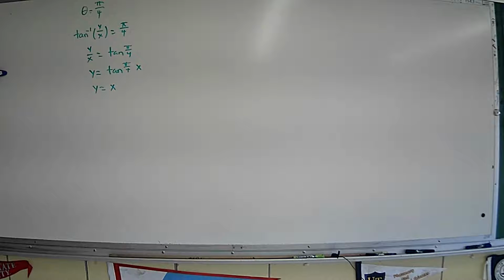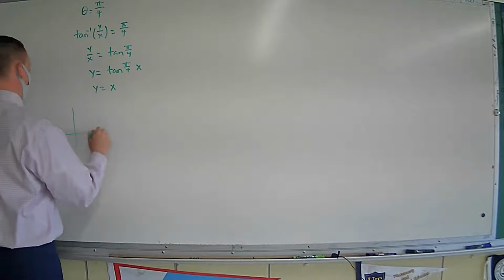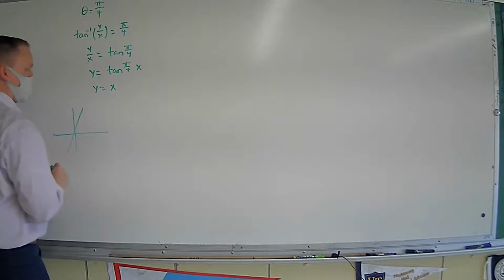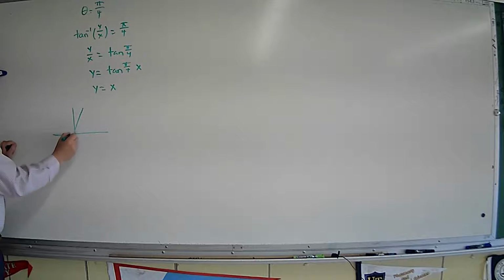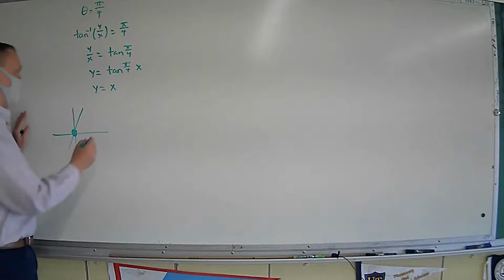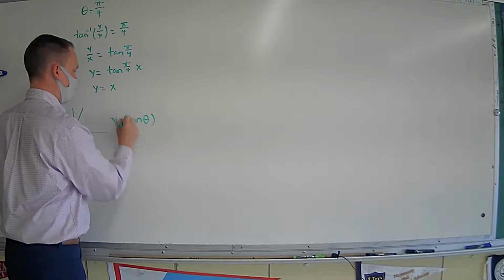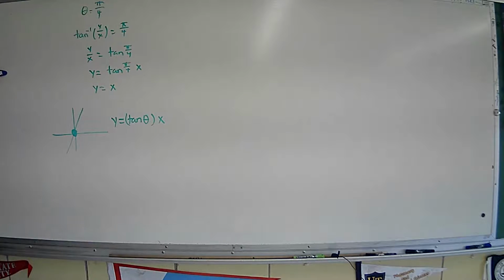In fact, you could extend this a little bit. The equation of any line through the origin is y equals mx, right? M is the slope. Well, it's really also equal to y equals tangent theta times x, where theta is that angle.